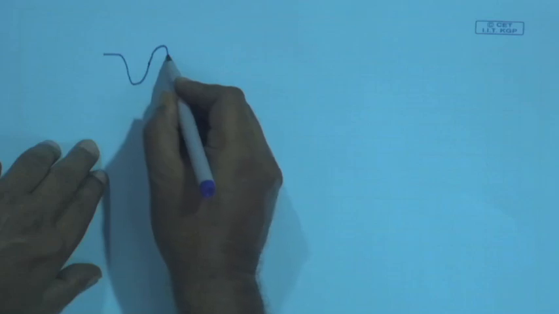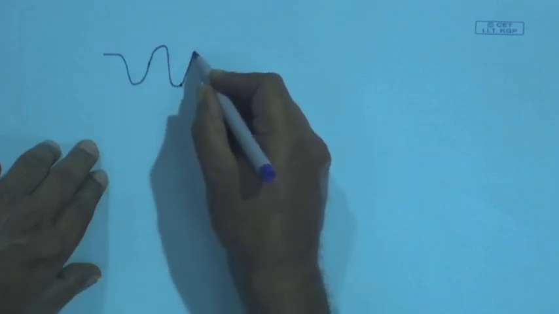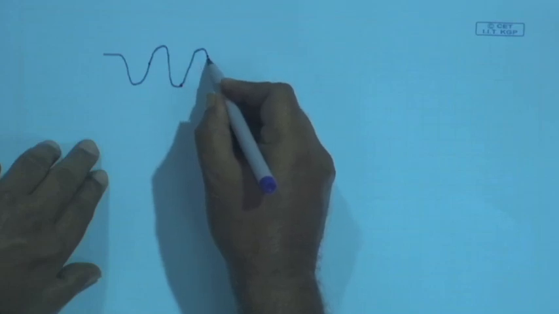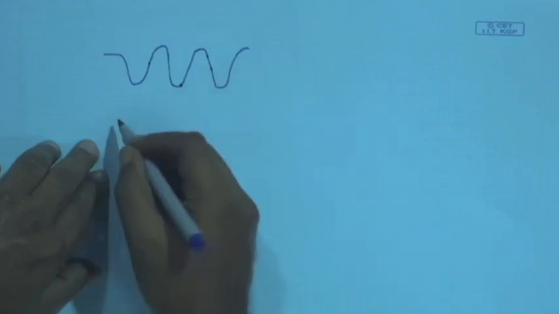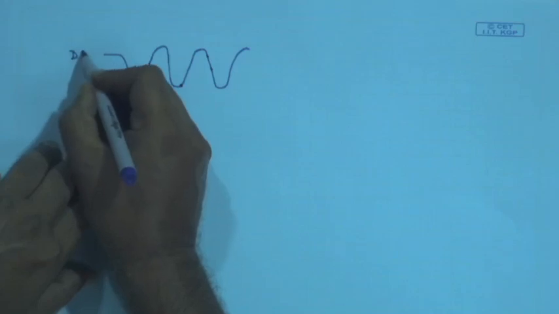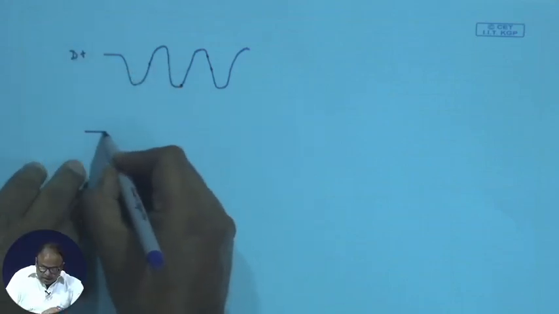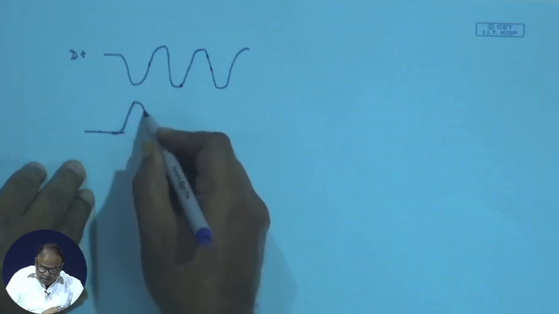So, if I just draw some data like this, another data is like this, that is the D plus, and another data is coming which is just the opposite of this.